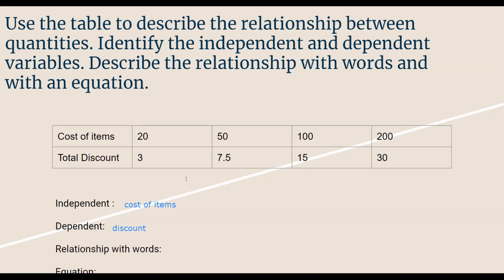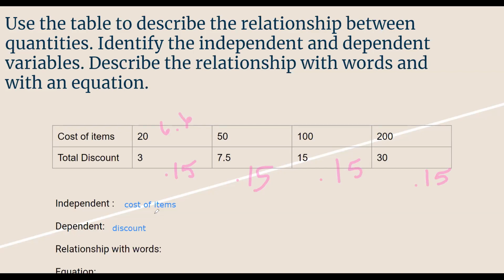So I'm going to take my total discount and divide it by the cost, which would give me 0.15. Then if I take 7.5 and divide it by 50, I also get 0.15. If I do 15 divided by 100, I also get 0.15, and then 30 divided by 200 would also give me 0.15. If you divide it the other way around, and you do 20 divided by 3, you'll get 6.6.